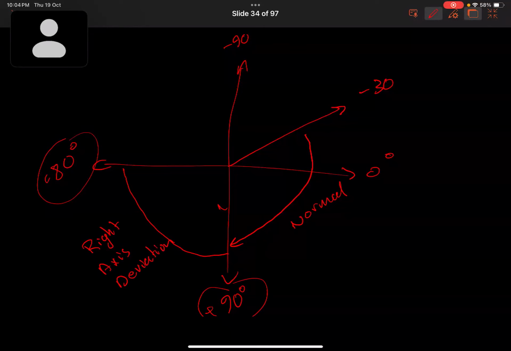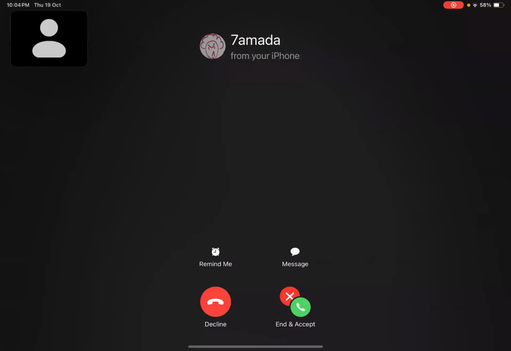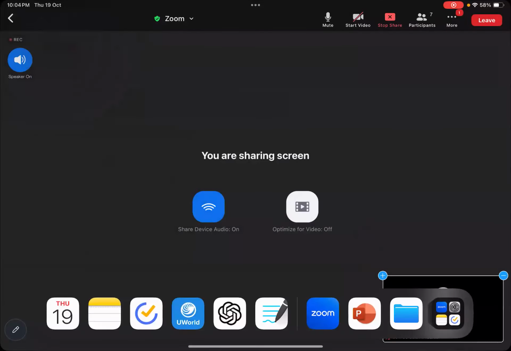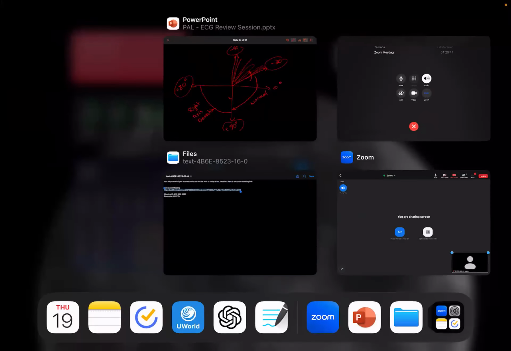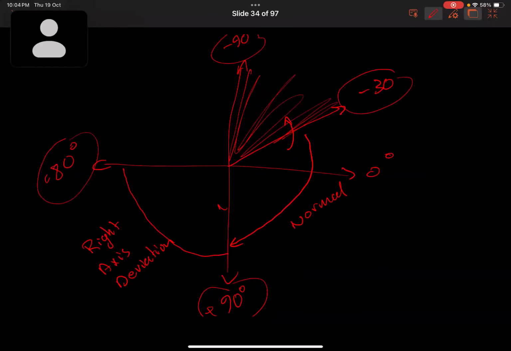What if this axis deviated towards the left side? If it's in this area between negative 30 and negative 90, that will be a left axis deviation, which basically means that the axis deviated towards the left side.